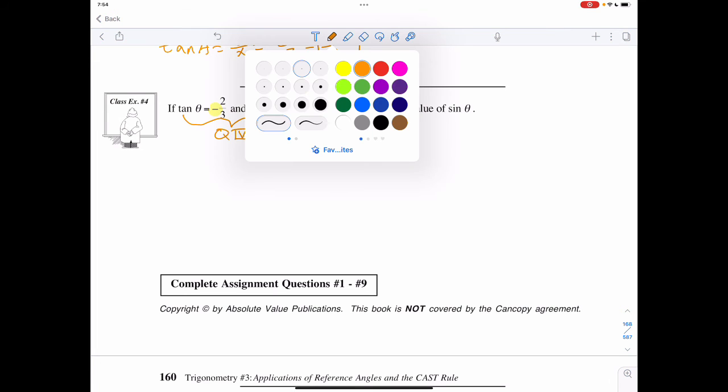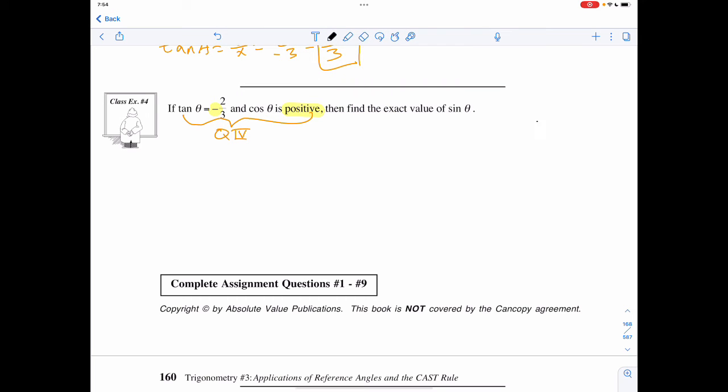So when I'm sketching this out, I know it has to be in quadrant 4 over here, and I can use that with my information.